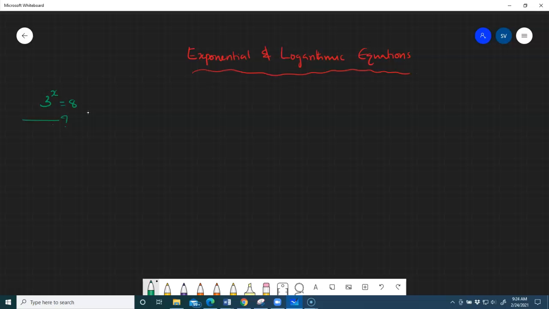There are a lot of different methods, but we are discussing exponential and logarithmic equations, so we can stick to this specific area. If you have equations of this form, you start like this: 3 to the power x is equal to 8. On one side you have an exponential term, on the other side a regular number.